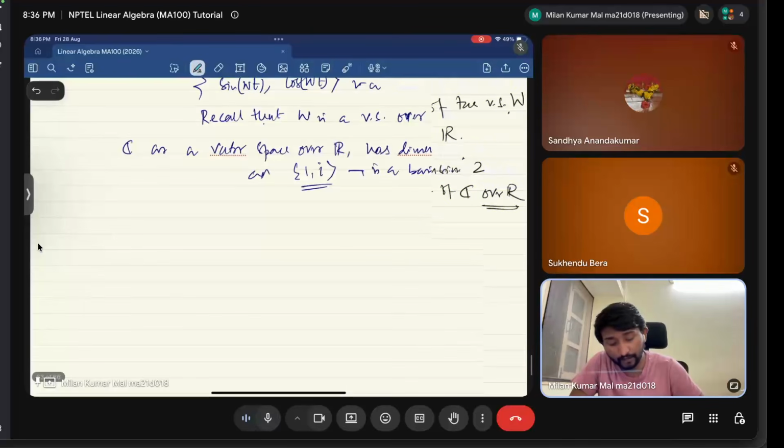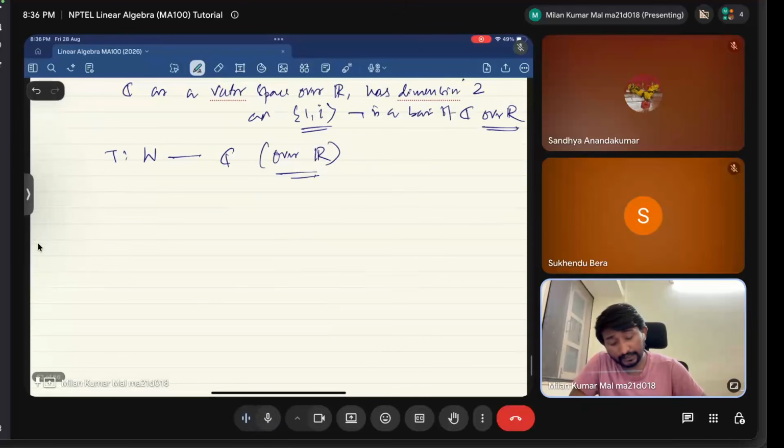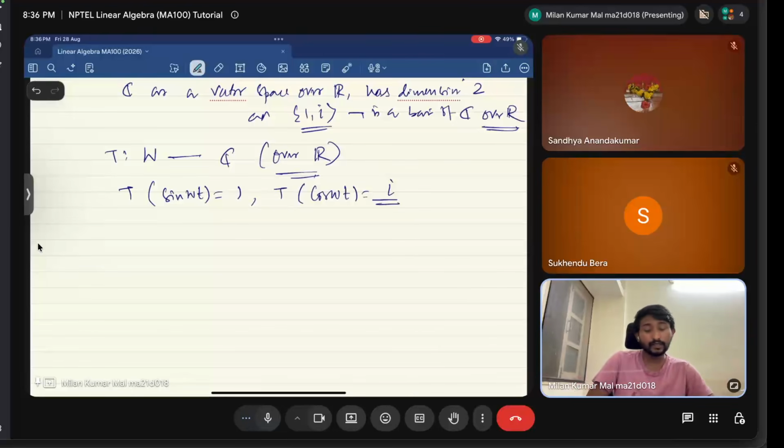Now let's take T as a map from W, the vector space of all those functions, to C over R. This is very crucial. Suppose T maps sin wt to 1 and cos wt to i.